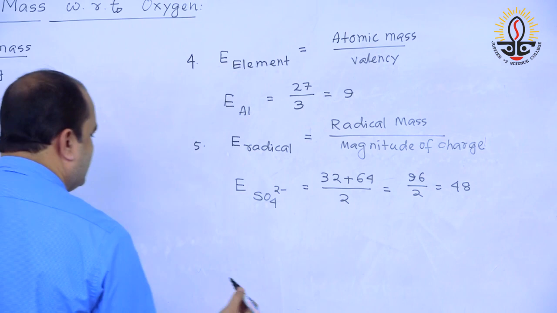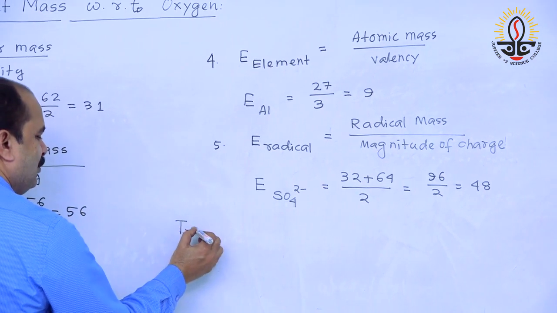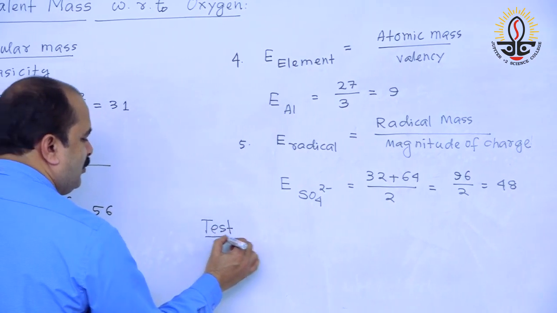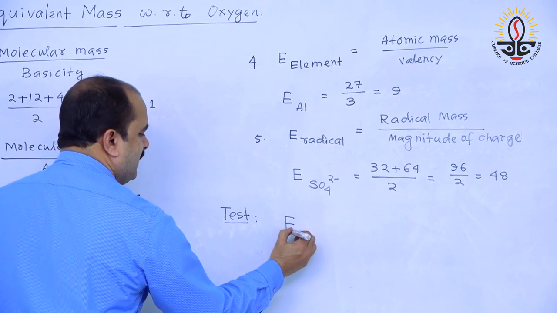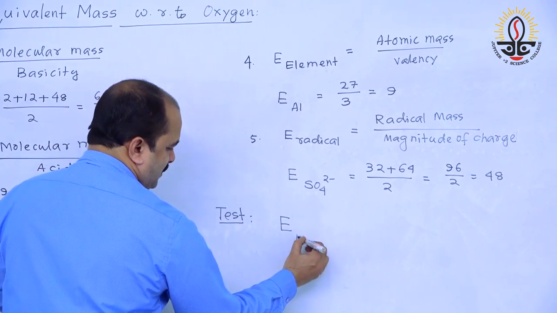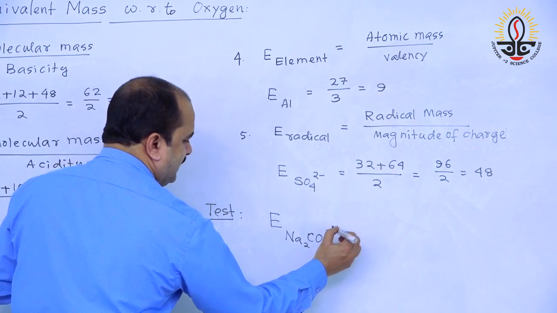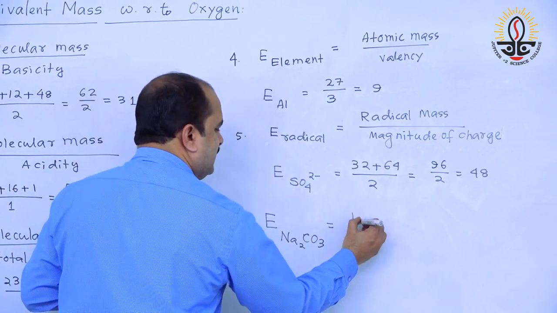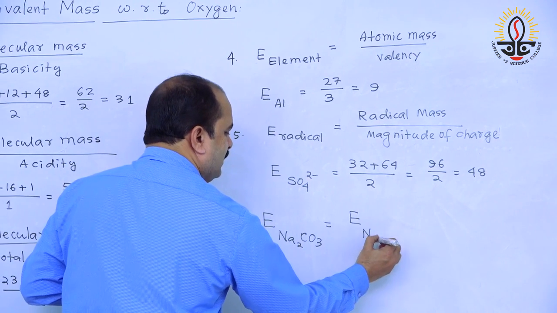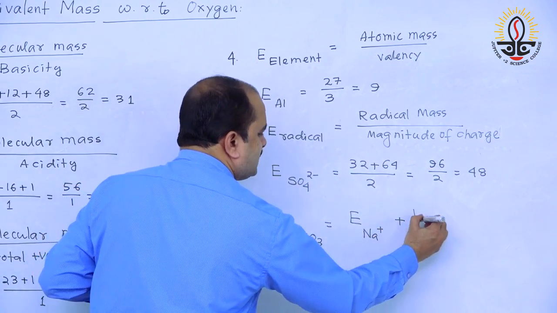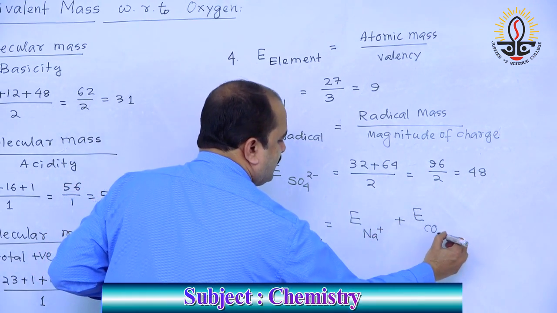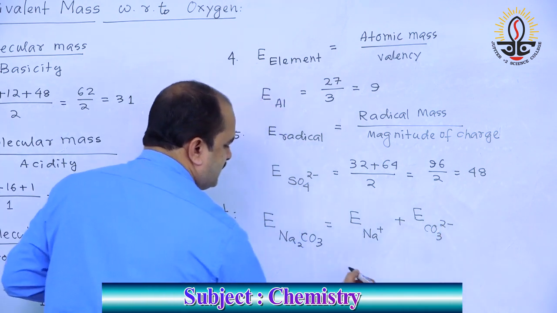We can also calculate for compounds using radicals. We can test the equivalent mass of sodium carbonate, Na2CO3. Equivalent mass of Na plus equivalent mass of CO3 2 minus.